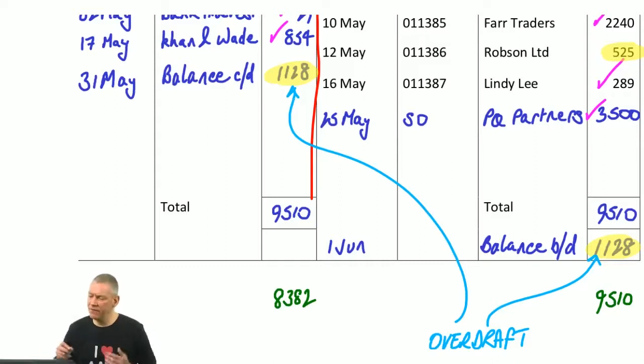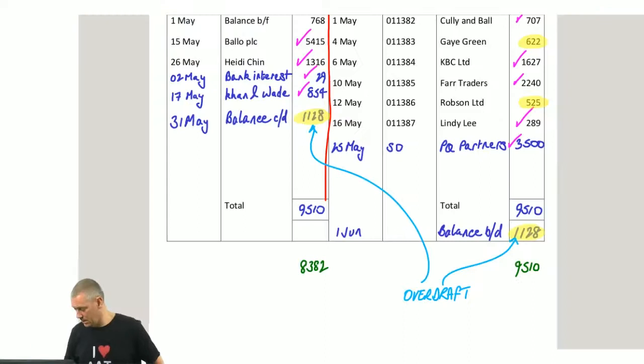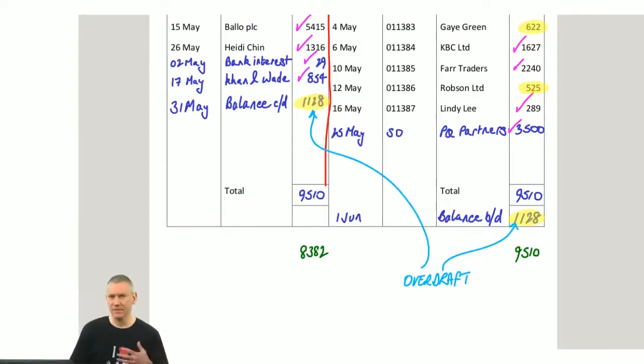Generally speaking, brought downs are relatively easy: brought down balances in receivables, in PPE, in inventory. But the bank is not so easy, because in our home lives, in our retail lives, we tend to focus on the bank from the perspective of the bank.